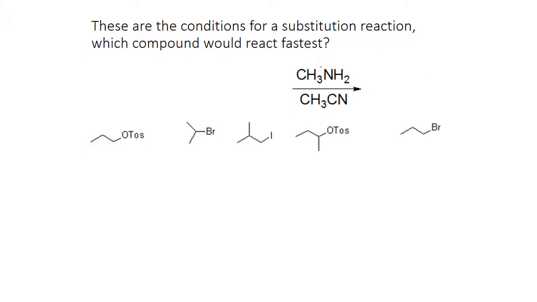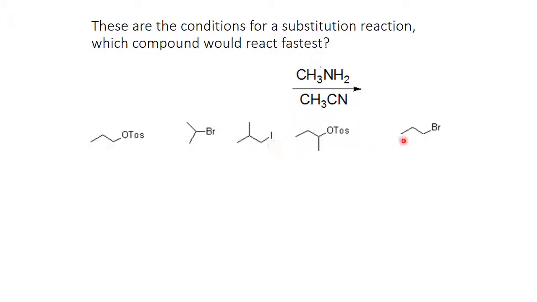These are conditions for a substitution reaction. Which one would react fastest? Well, when I look at these, the first thing I do is I look at the conditions and I say, wow, the conditions look like they're for an SN2. Why? Because we've got a polar aprotic solvent and a reasonable nucleophile.